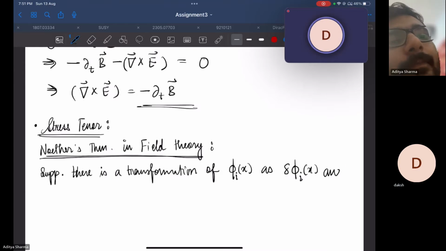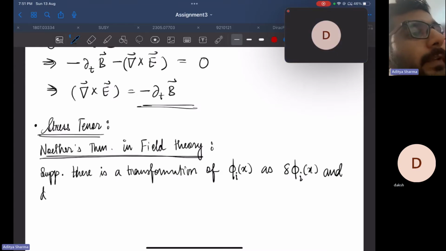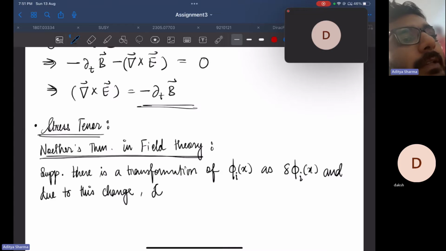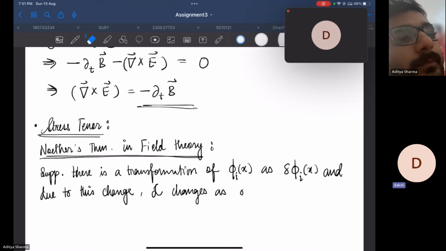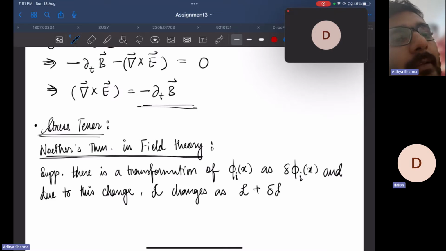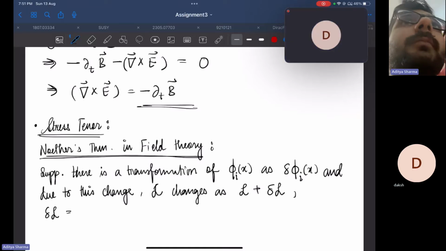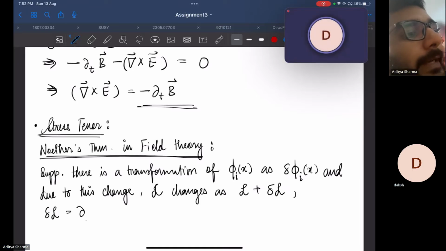And due to this, the Lagrangian density changes as L plus delta L, where delta L is equal to the divergence of some function g^mu.